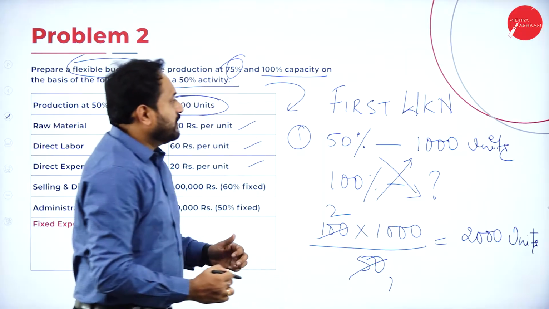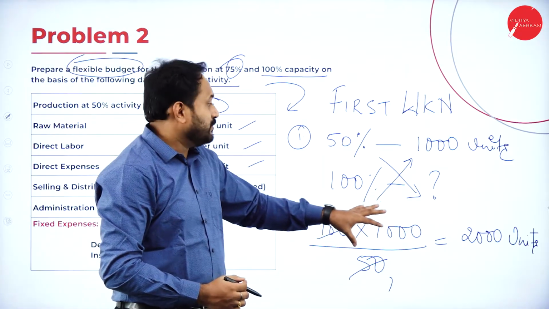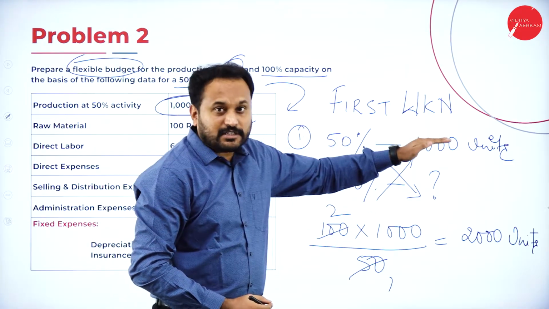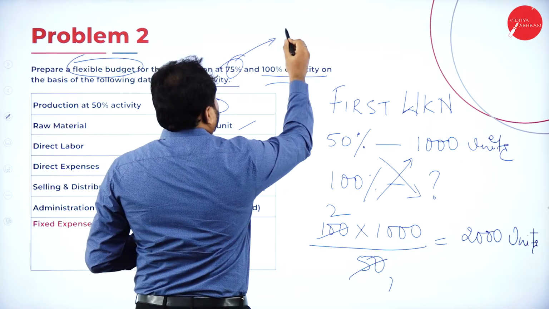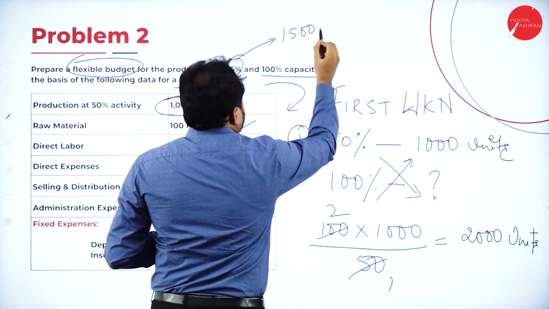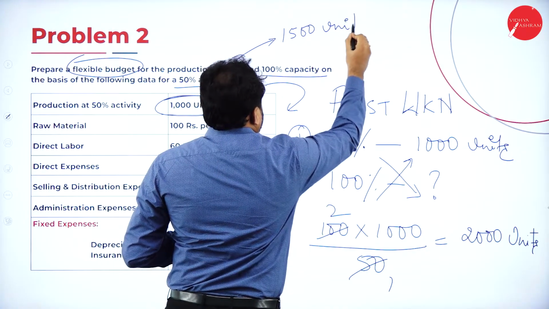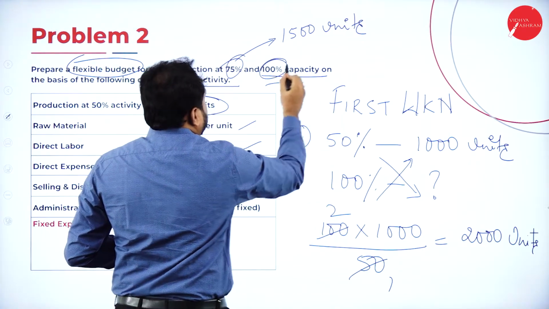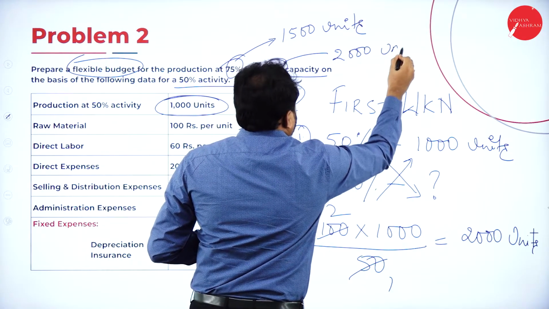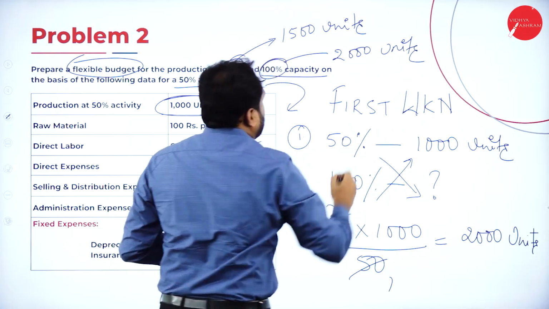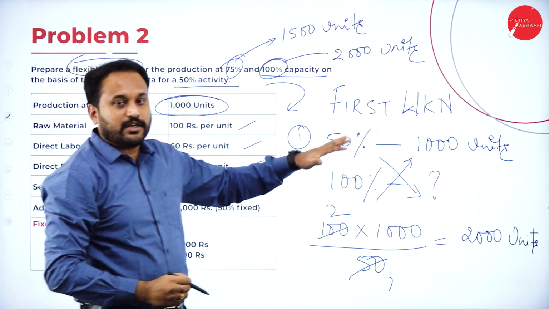So we got our second value as well: 50% is 1,000 units, 75% is 1,500 units, and for 100% we got 2,000 units. So we are done with our first working note.